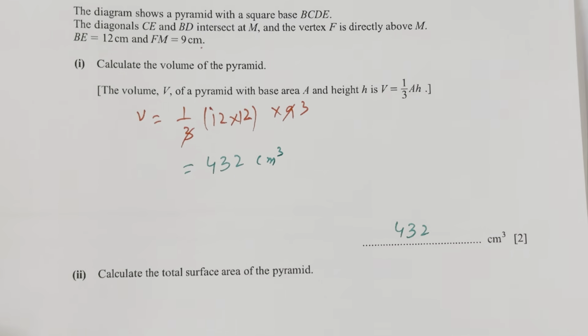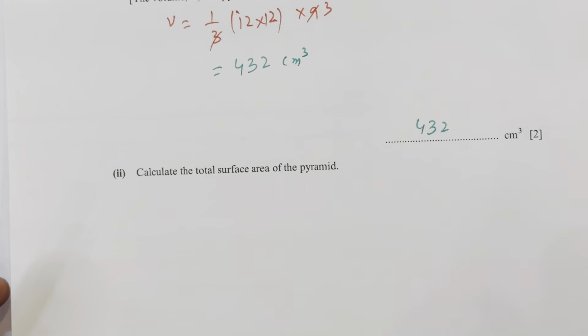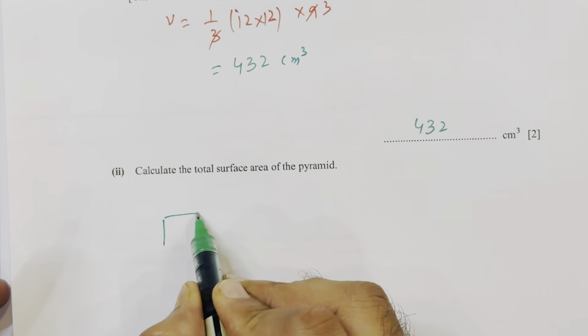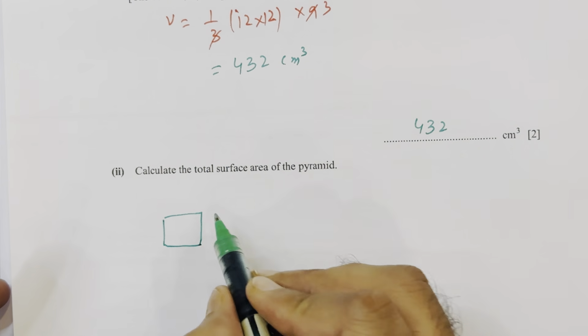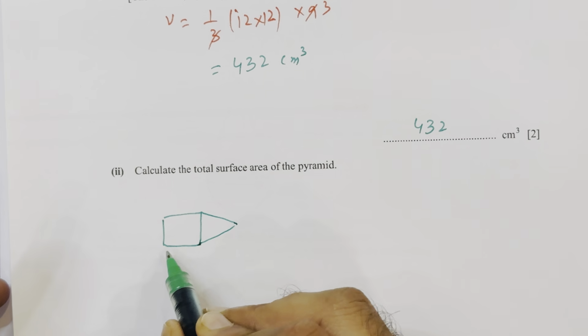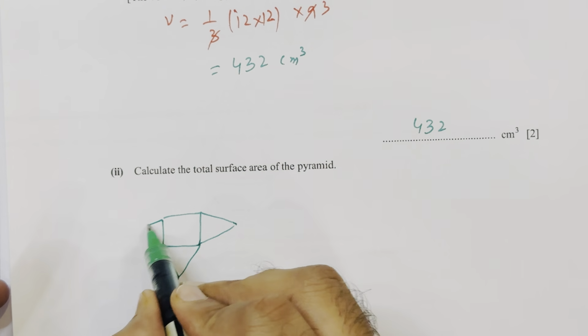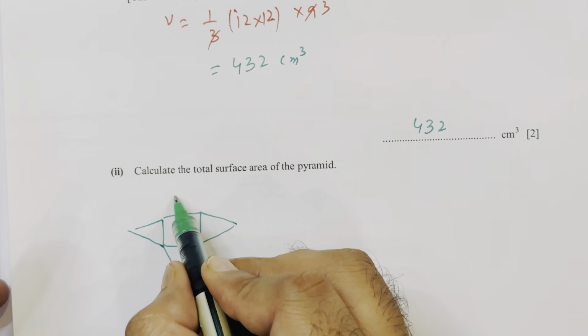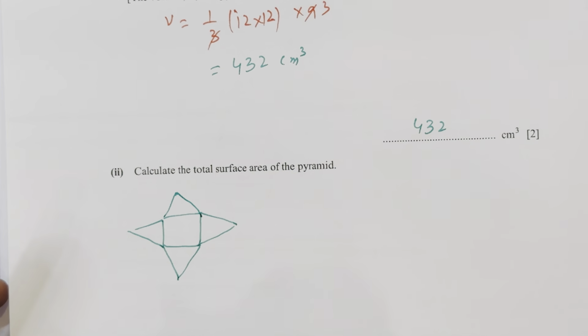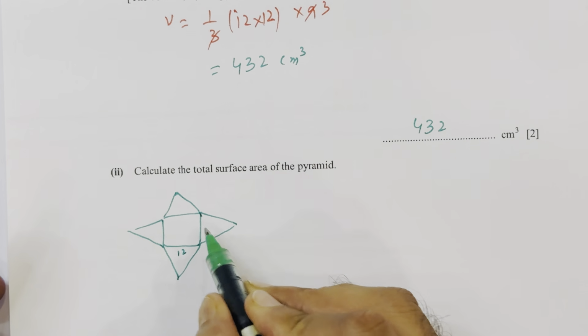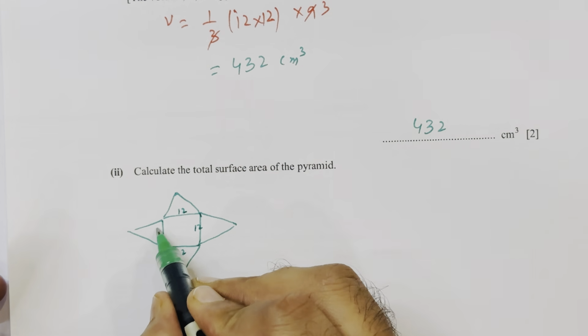Calculate the total surface area of the pyramid. I always say that for calculating total surface area of the pyramid you need to draw the net, and you can see from the net we have 4 triangles that are very similar, and they have one square base shape.